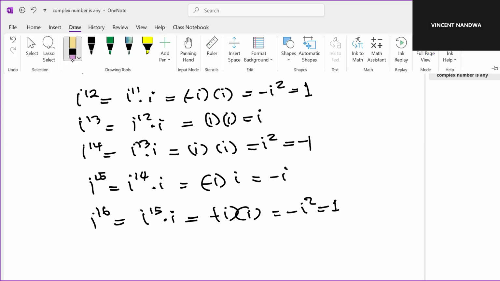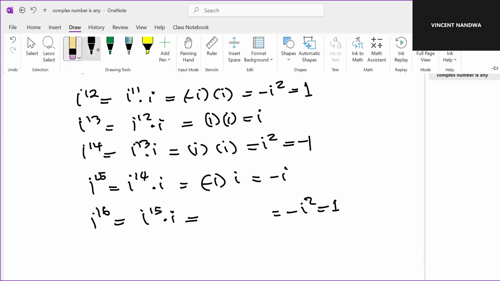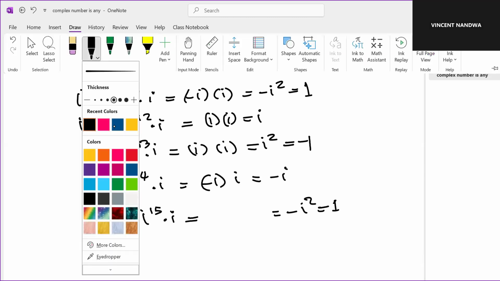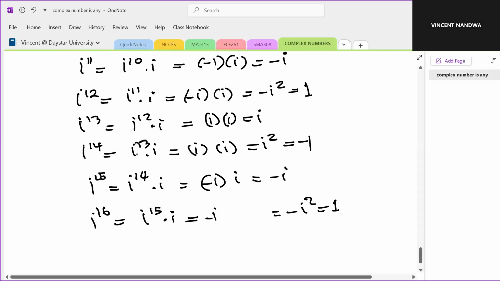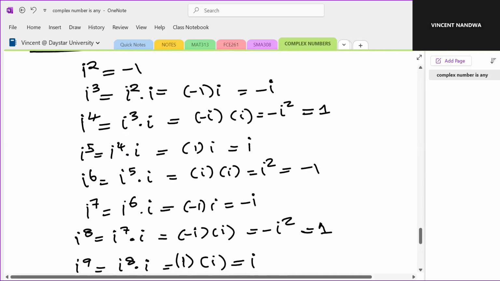So when we stop there and make some observation on what is happening, we realize that whenever the power of i is a multiple of 4, we get 1.